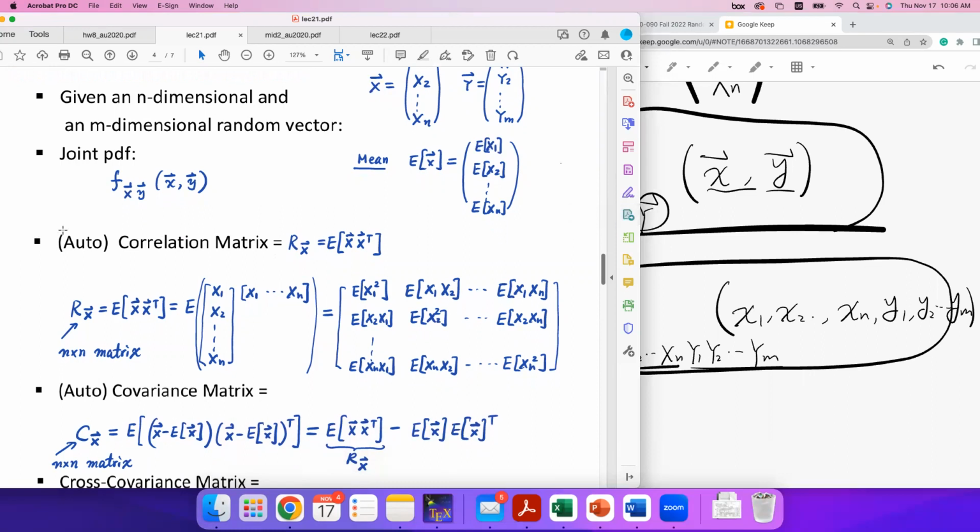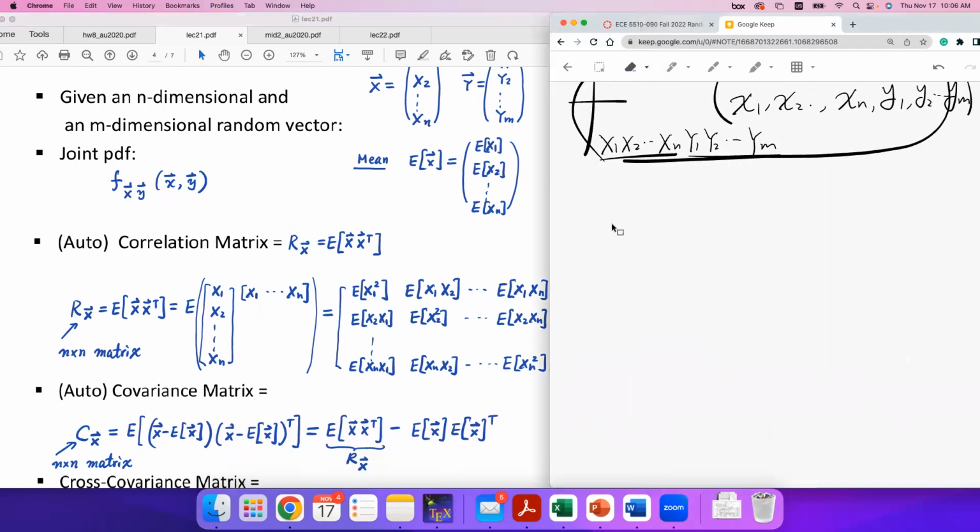And also we have what we call the correlation matrix, or sometimes the autocorrelation matrix. It basically mimics the definition of correlation of two random variables.